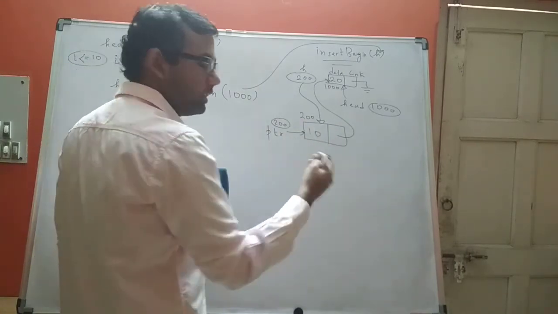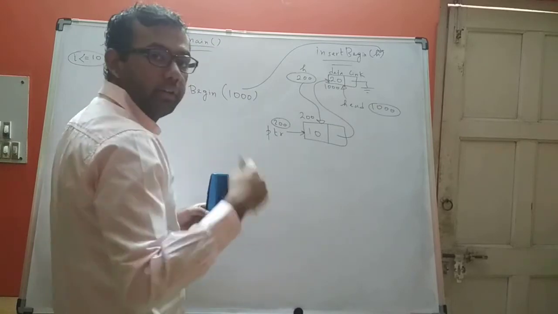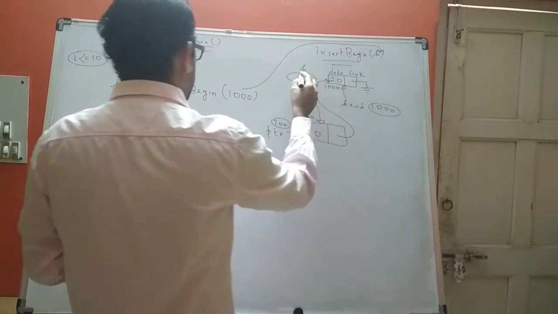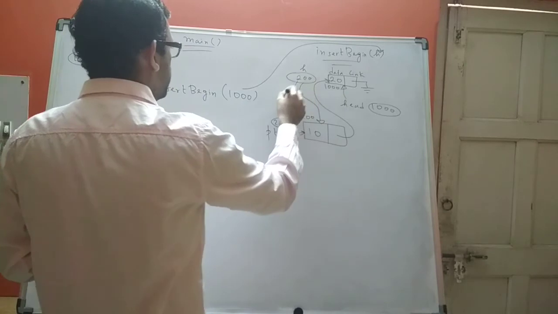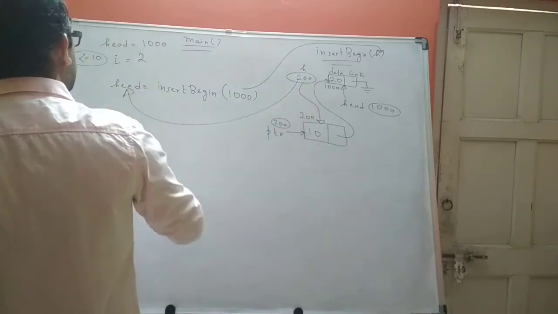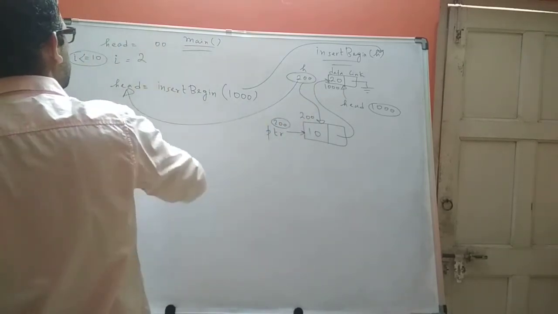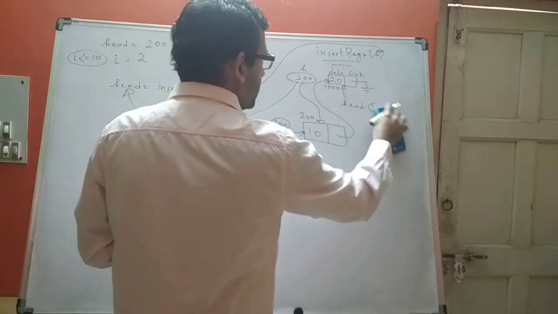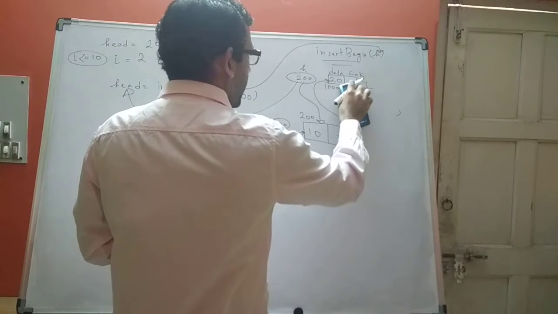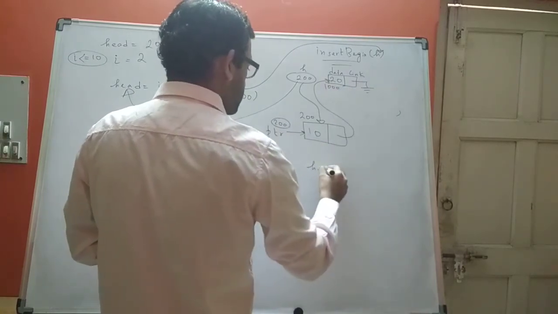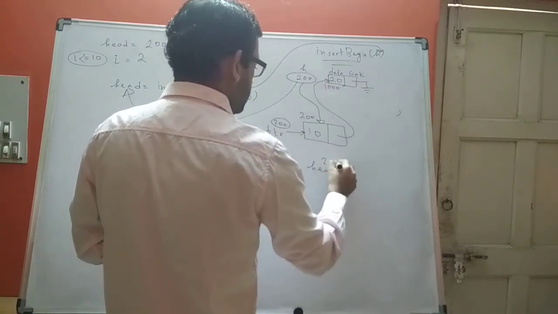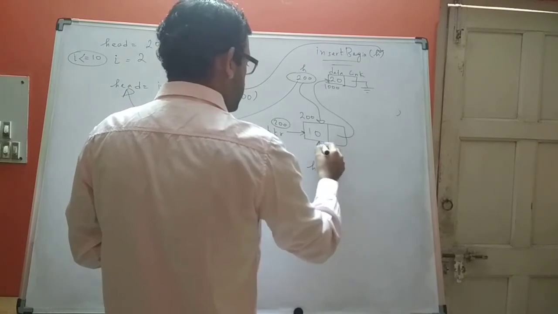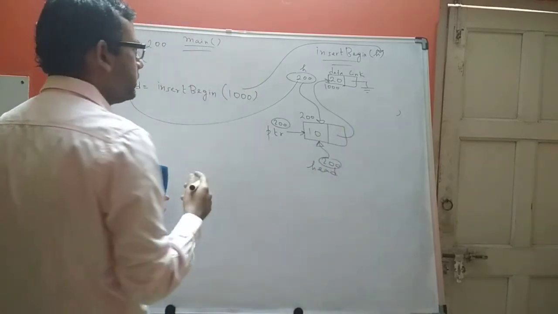Now after doing this, you come out of the else block and you say return h. So return h means this 200 will now be given to head. Now head will contain 200. That means head no longer contains 1000. Head contains 200 and it is pointing to the first node.